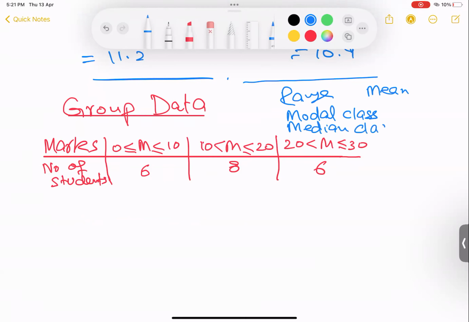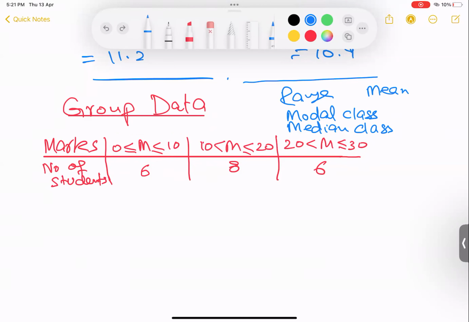Why class, sir? You can ask me. Because these are called classes. Like a class of 0 to 10. A class of poor students. A class of average students. A class of efficient students. This is called class or word interval. So no problem. Okay, let's start.